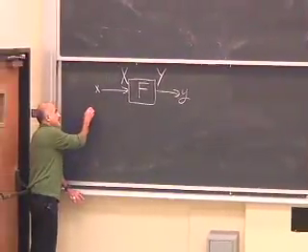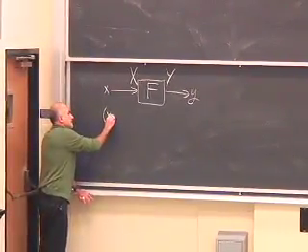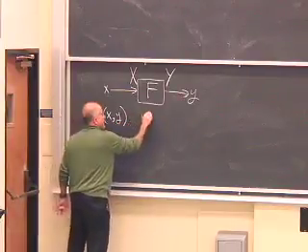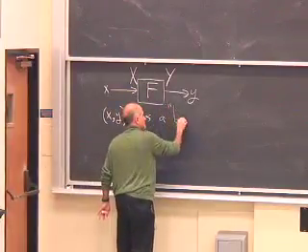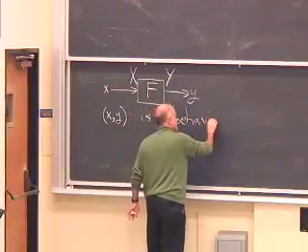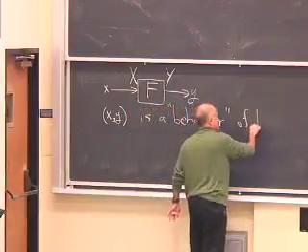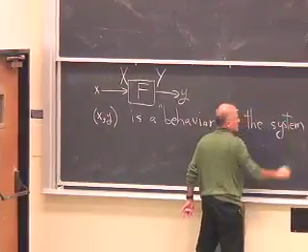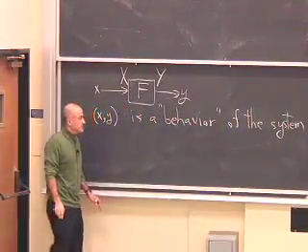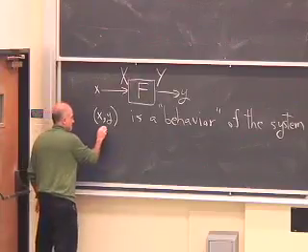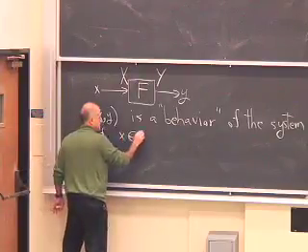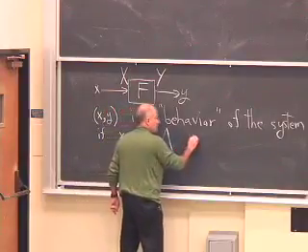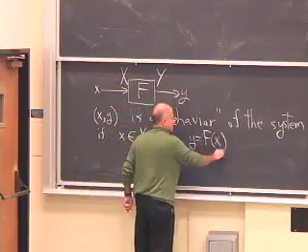We say that the pair x, y is a behavior of the system, technically the input-output behavior of the system, if x is in capital X and y is equal to f of x.